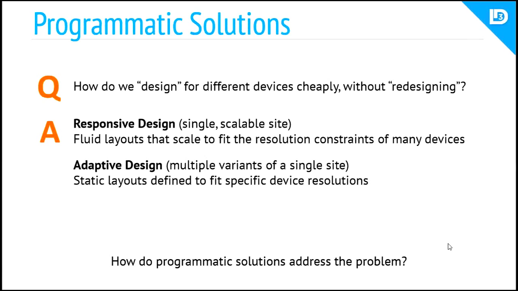The two terms that are being bandied about today are responsive design and adaptive design. I have definitions here for the sake of completeness. To me, it appears still that there is enough fluidity between these two things that for the non-developer like myself, they're roughly equivalent.